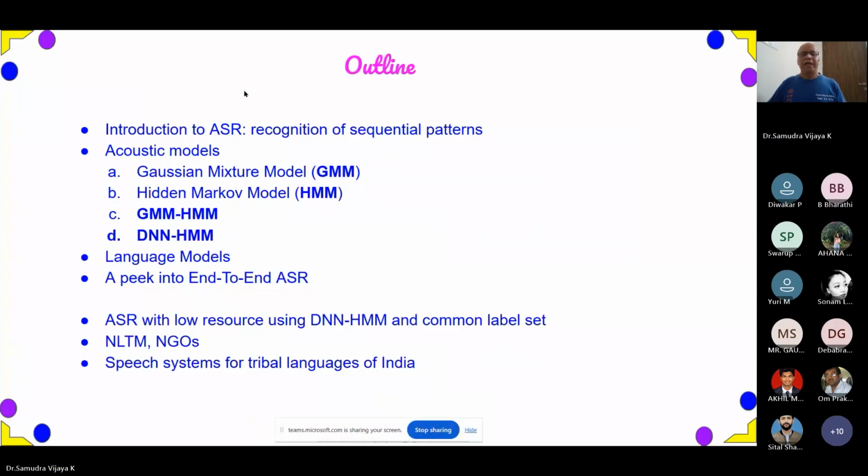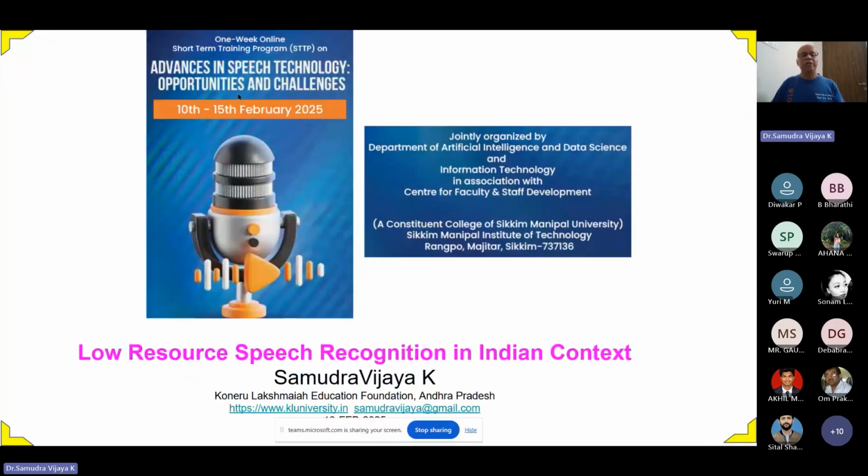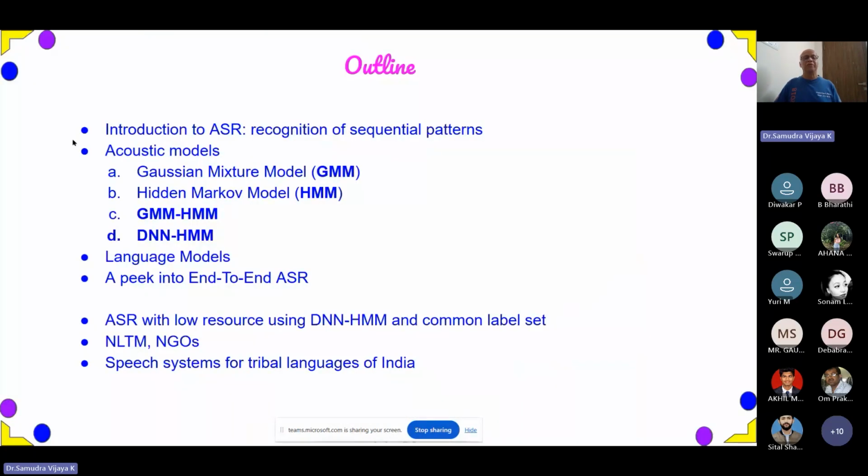And the focus of my talk is on low resource speech recognition in the Indian context. Therefore, I will start with the basic concept of speech recognition, some overview of speech recognition, various models that were used till a decade ago, which are successful with a limited amount of resources.